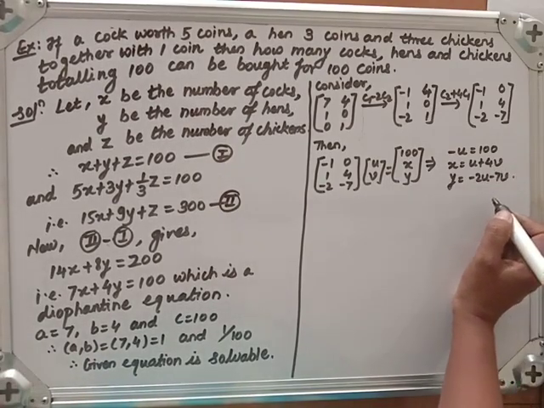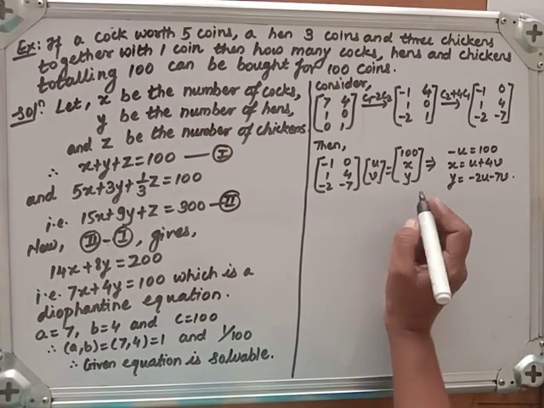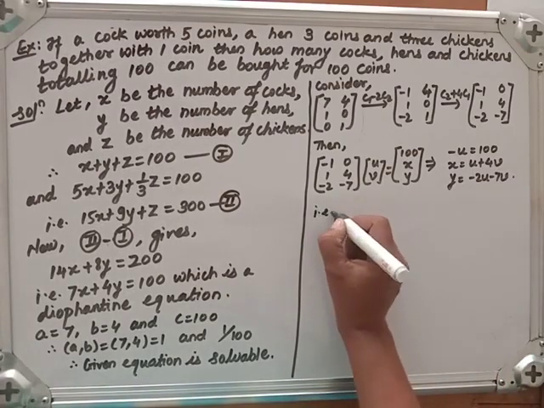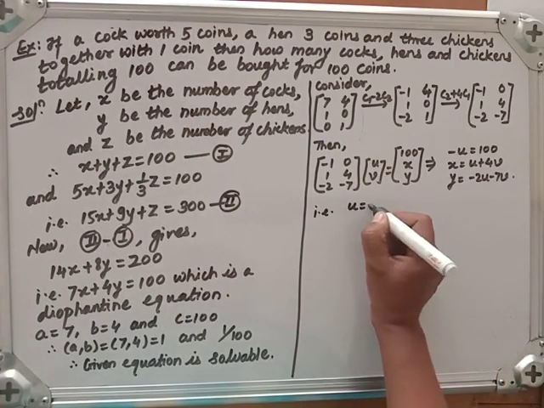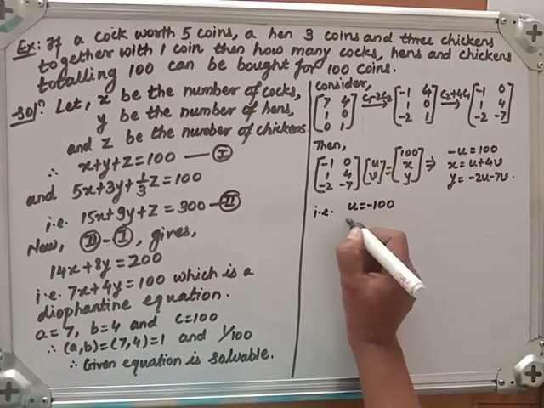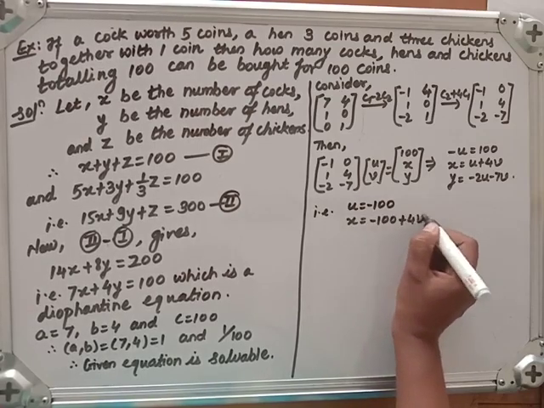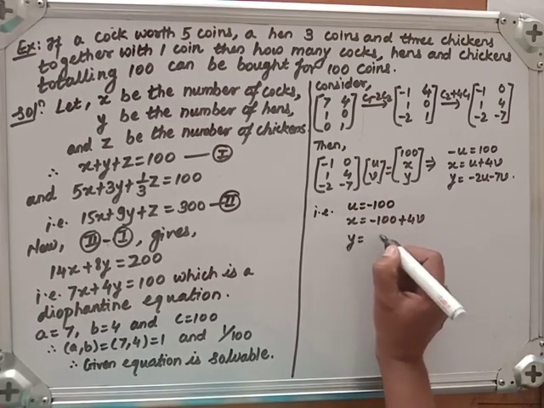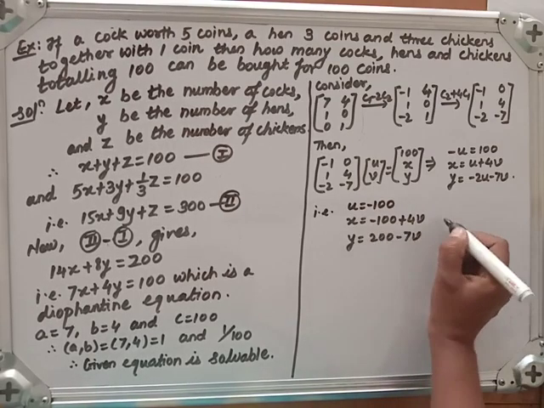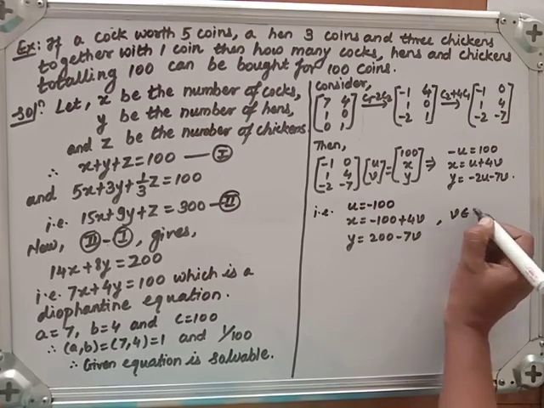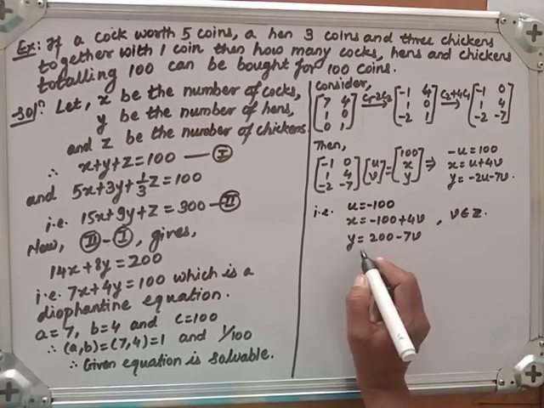That is u equal to minus 100, x equal to minus 100 plus 4v, y equal to 200 minus 7v, where v belongs to set of integer.